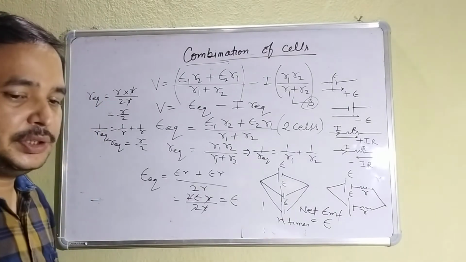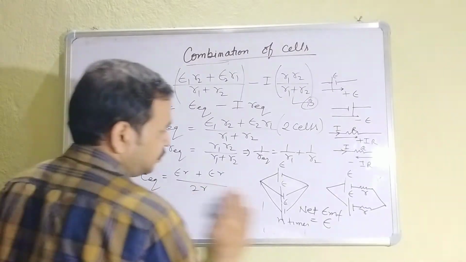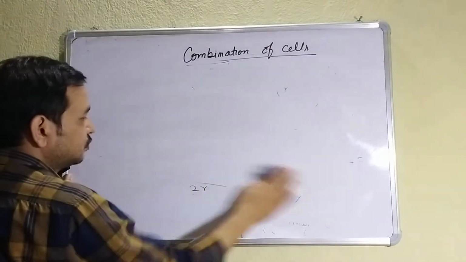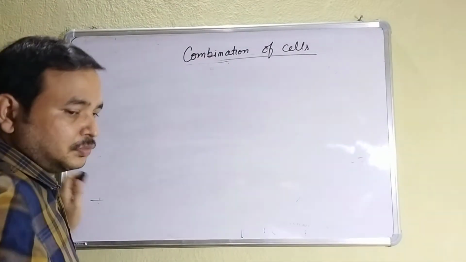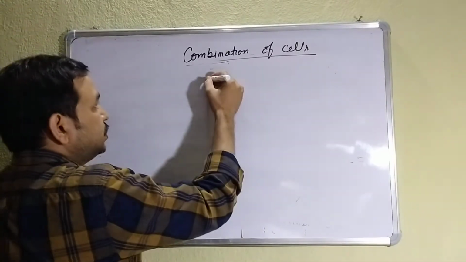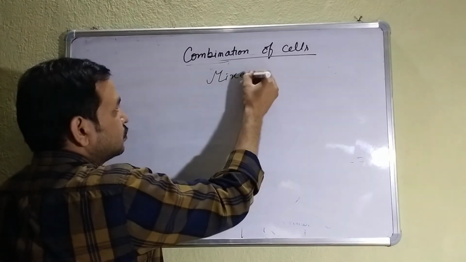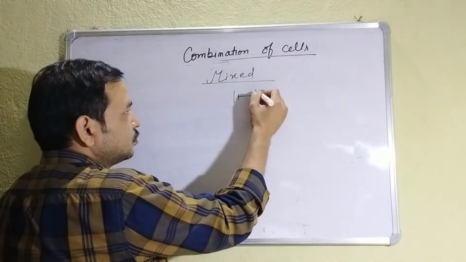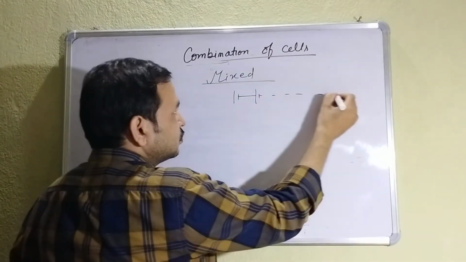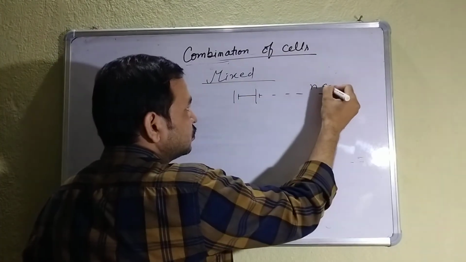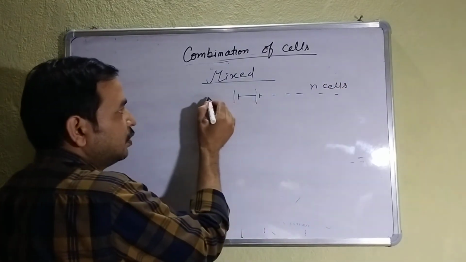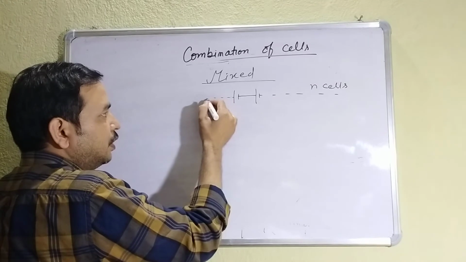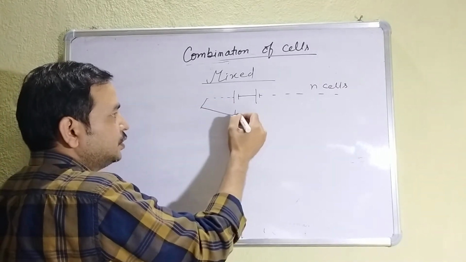Now the last is mixed combination. Mixed means, suppose n cells are there, connected in series, and in this way they are connected in series.